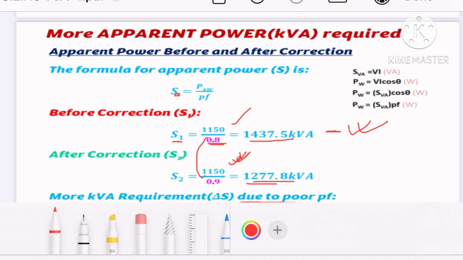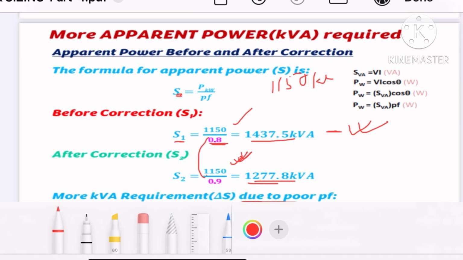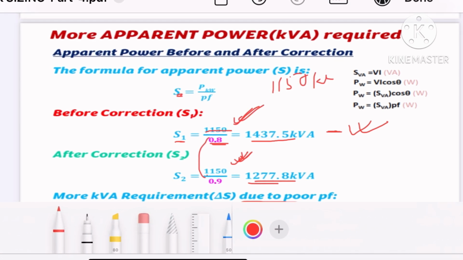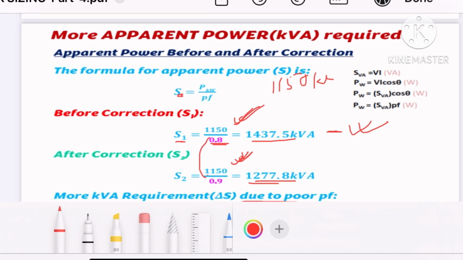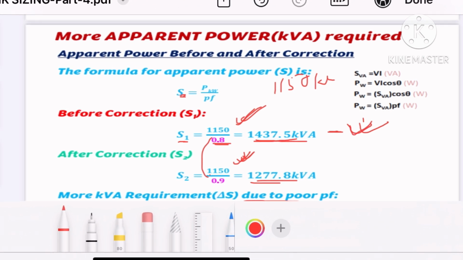Suppose I have taken a project having a total connected load of 1150 kilowatt. Now what is the apparent power when the 1150 kilowatt load is connected at 0.8 power factor? Then the apparent power requirement is 1437.5 kVA.